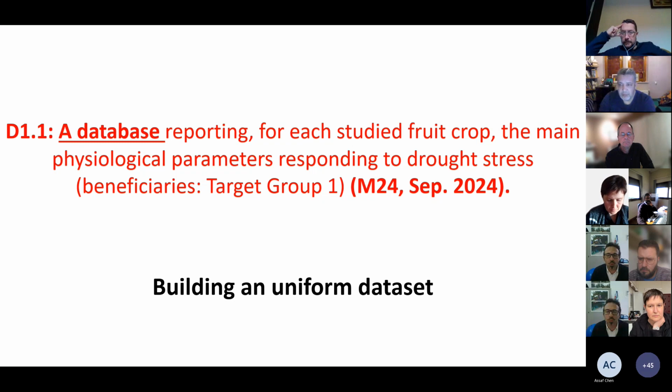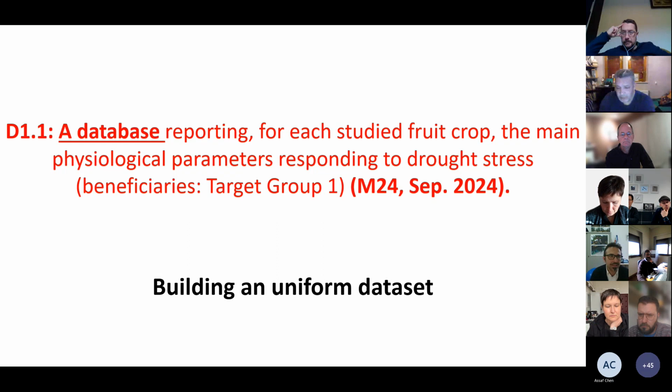So if we want to make a common data set to be analyzed together, having a big amount of data to analyze together and to see if there are some similarities or something different, or if some species behave in a different way, for example, isohydric versus anisohydric. This is just an example.